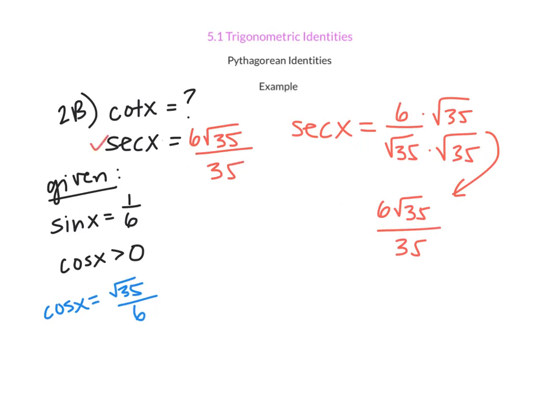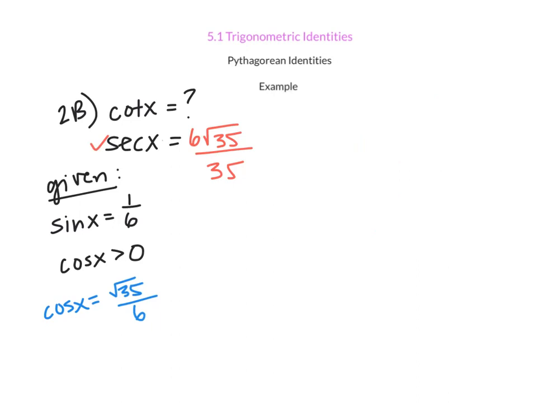The last thing that we have to find is the cotangent. Let's think about how we can find that. The cotangent is cosine divided by sine. Okay, so let's do that. So the cotangent is the cosine over the sine.